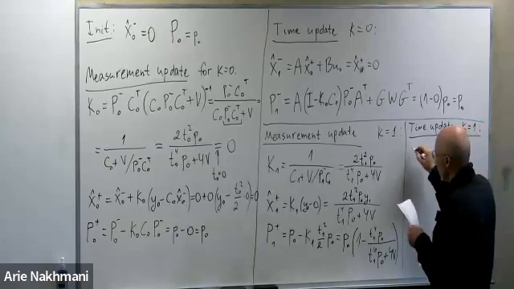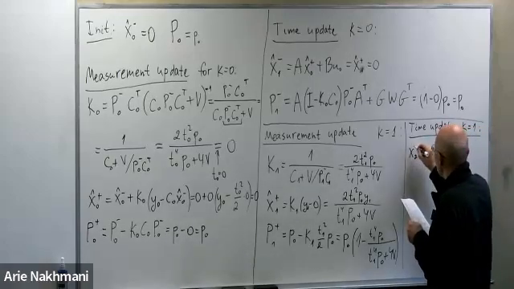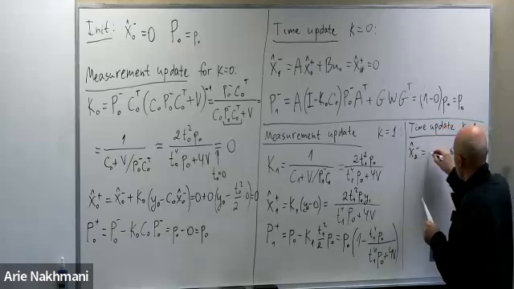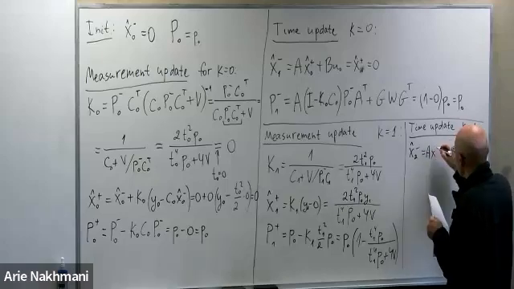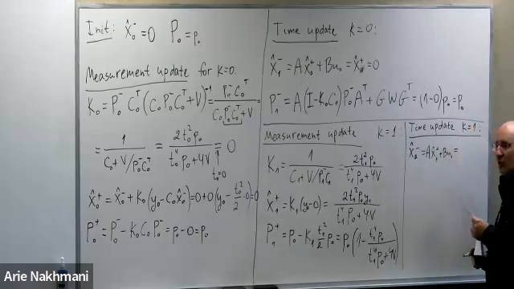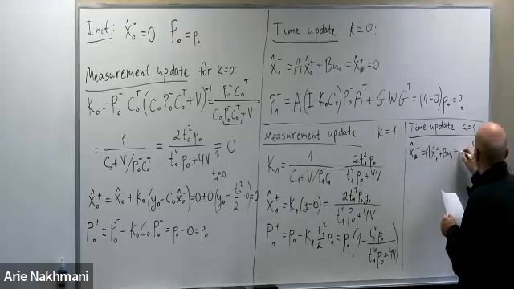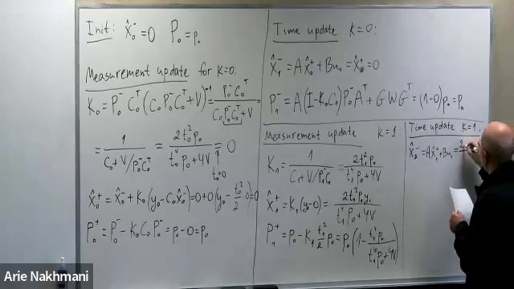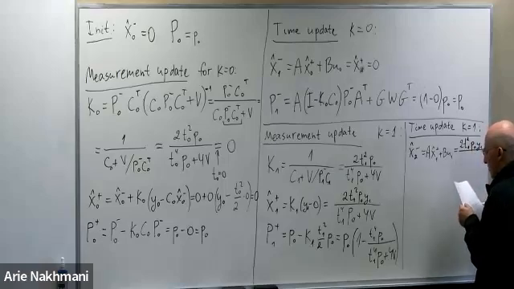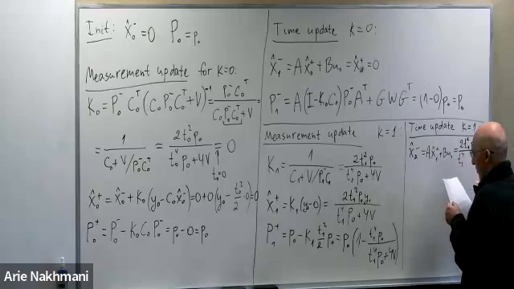For time update, you have x2 estimated minus equals A x1 estimated plus B u1, but this part is 0, so you don't need anything related to Bu, and you will get twice T1 squared P0 Y1 over T1 to the fourth power P0 plus 4V.